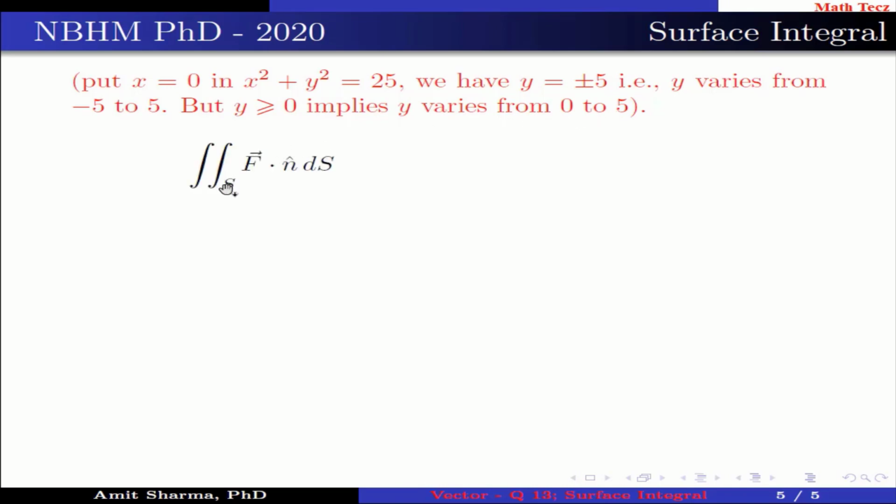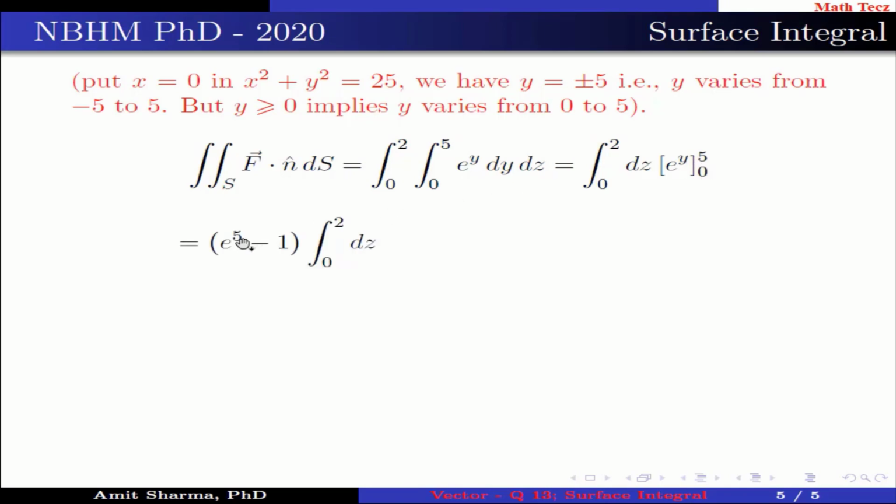Now the double integral over S of F dot n dS is equal to the integral from 0 to 2, integral from 0 to 5 of e^y dy dz, which is equal to the integral from 0 to 2 dz, and the integral of e^y is e^y with lower limit 0 and upper limit 5.